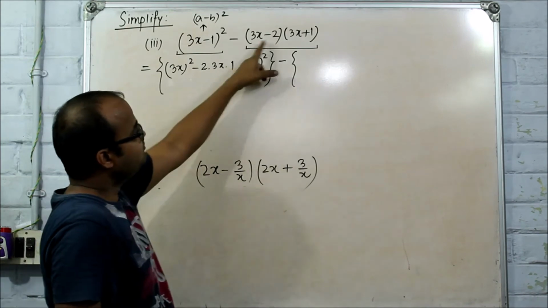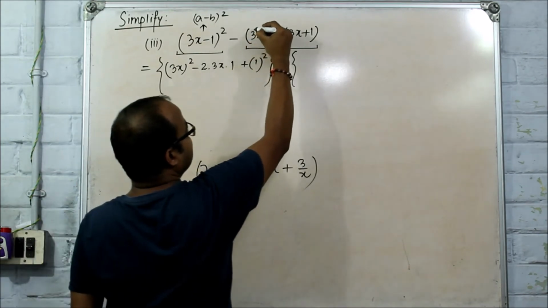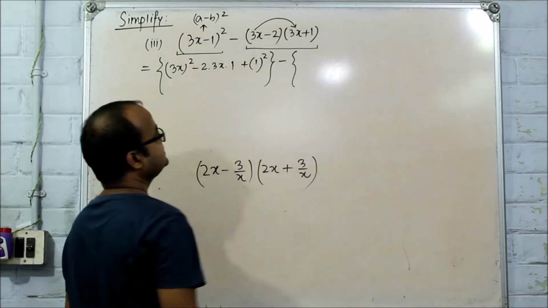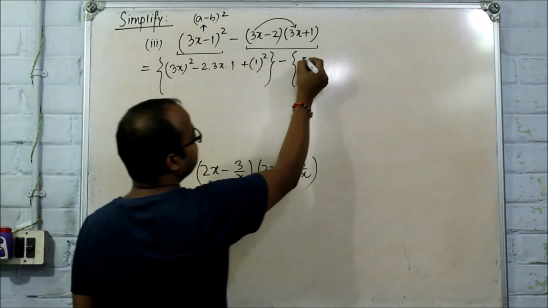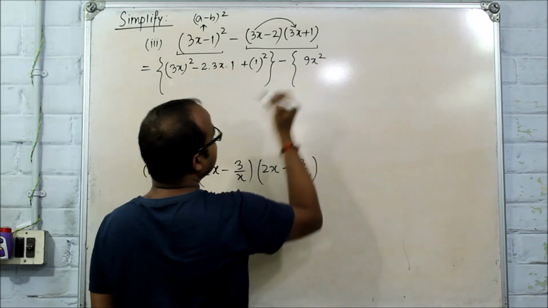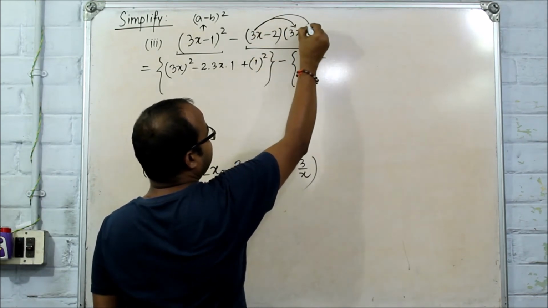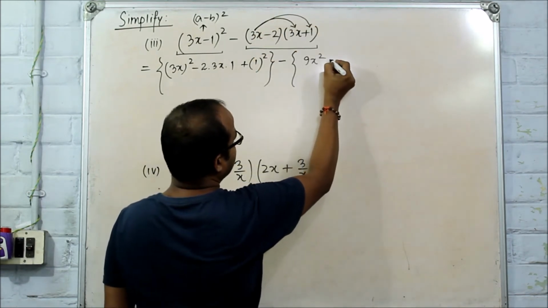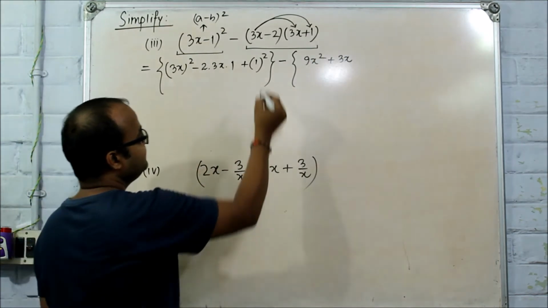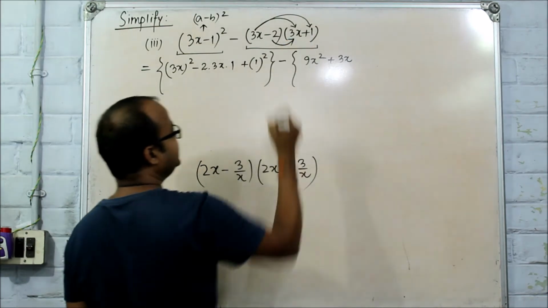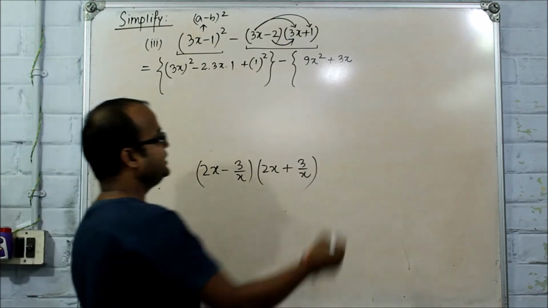Now, multiply these two. So, 3x into 3x is equal to 9x square. Now, multiply 3x into 1. So it will be plus 3x. Then multiply minus 2 into 3x. So it will be equal to minus 6x.